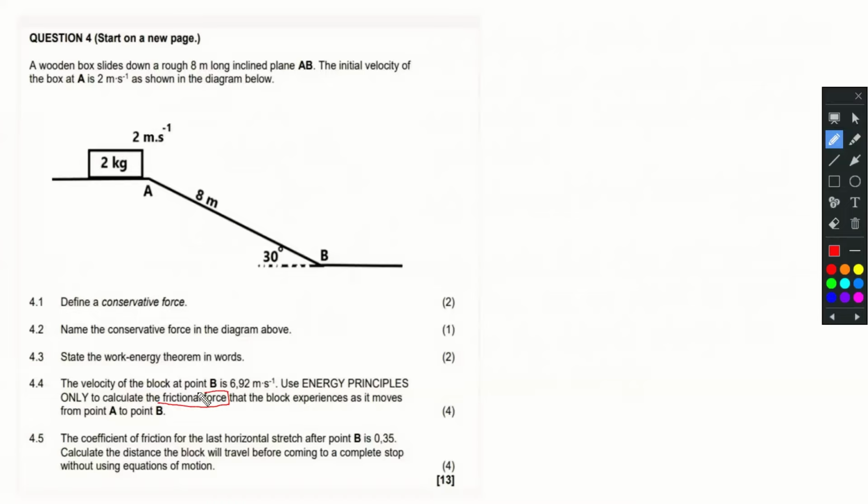What is frictional force? I know frictional force to be a non-conservative force, right? So I can just simply use the non-conservative force formula to calculate that. I mostly prefer to just use the WNC formula.